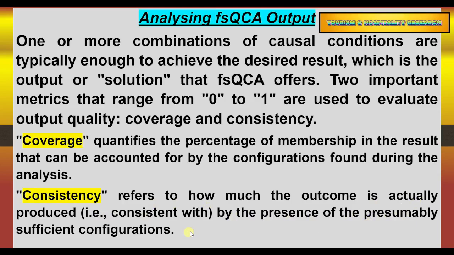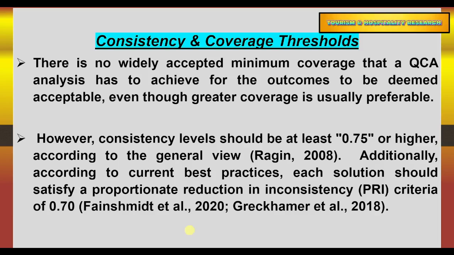So now we'll see how to do the practical. But before that, let us check out the thresholds for consistency and coverage. After reviewing the literature, it is found that there is no widely accepted minimum coverage that a QCA analysis has to achieve for the outcomes to be deemed acceptable. It depends on the study's scope and objectives, even though greater coverage is usually preferable.